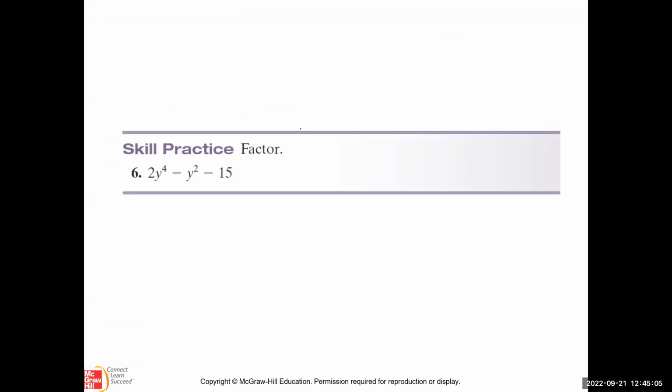All right. Here we have another one. In this case, we have 2y to the fourth minus y squared and then minus 15. So 2y to the fourth, negative 15.